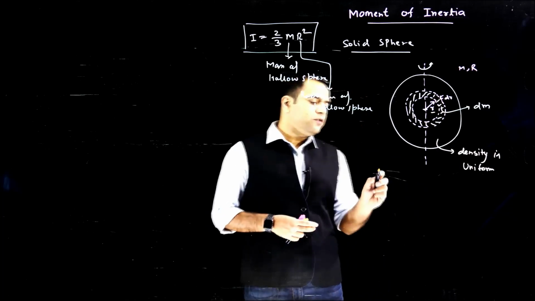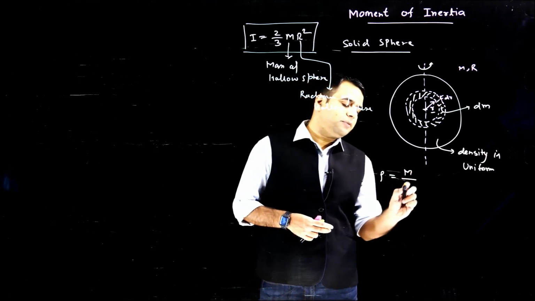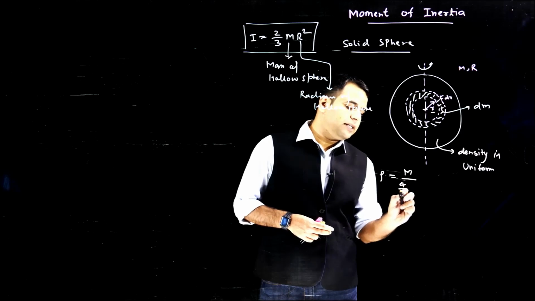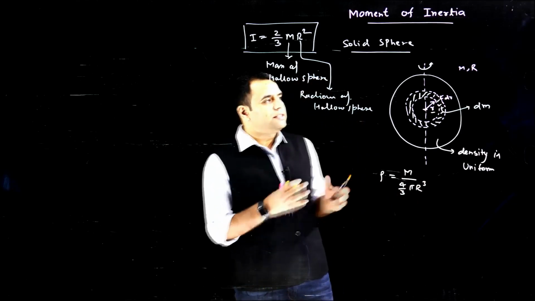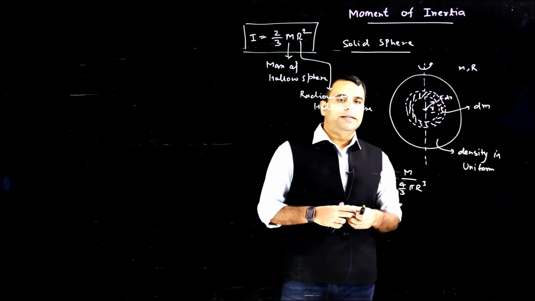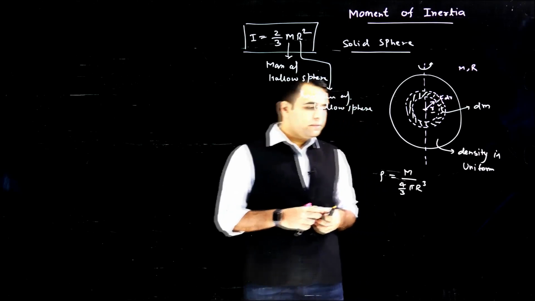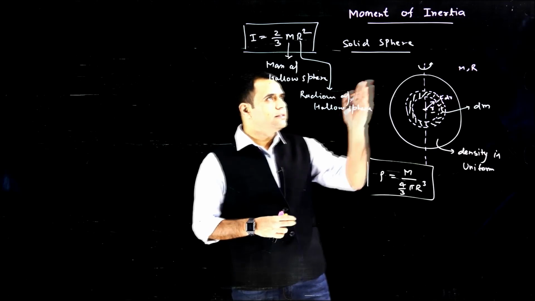So if the density is uniform, the volumetric density rho we can define as total mass upon total volume, which is M upon 4/3 pi R cubed. This is the volumetric density, and obviously here the mass is distributed within the volume, so we are defining the volumetric density. Okay. So this is the volumetric density for this solid sphere.